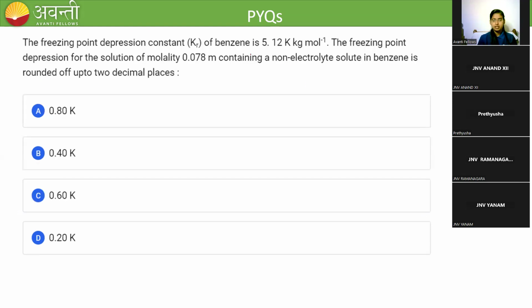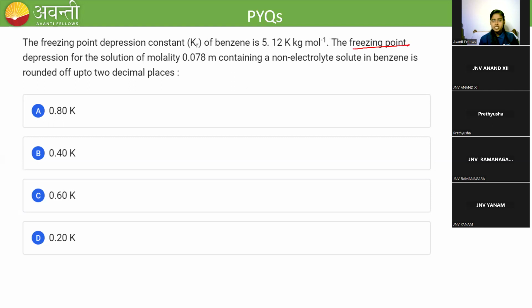The next question. The freezing point depression constant Kf of benzene is 5.12 Kelvin kilogram per mole. The freezing point depression for the solution of molality 0.078 molar containing a non-electrolyte solute in benzene, rounded off up to 2 decimal places, we have to find.